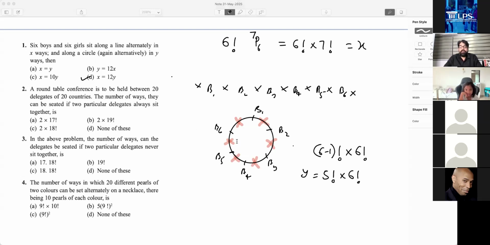If n objects we have to arrange on a circle, how will you arrange that? n minus 1 factorial. So n objects were there and we have to arrange them. Does this make sense? Yes.